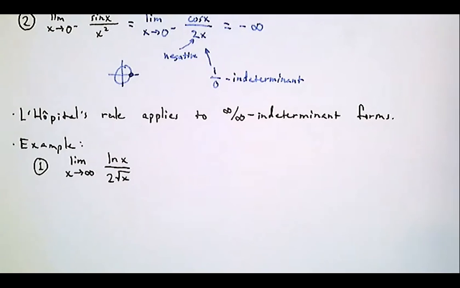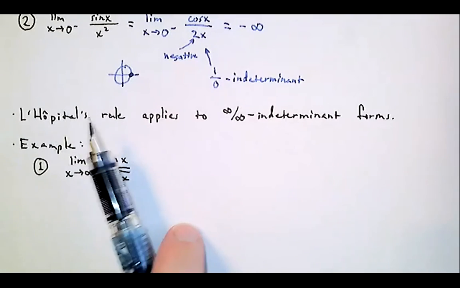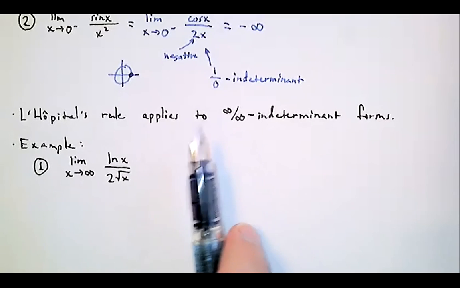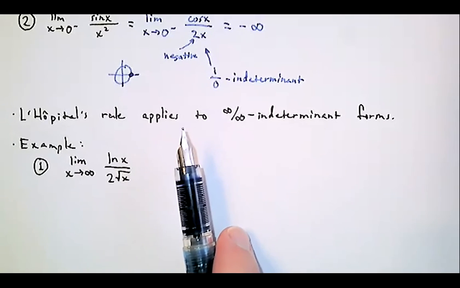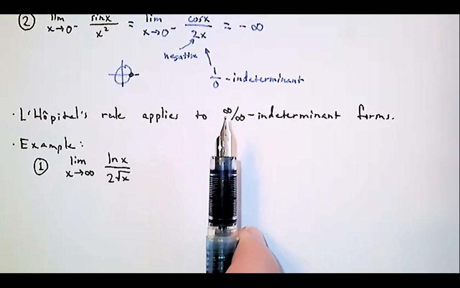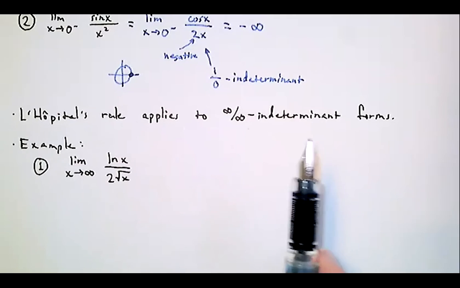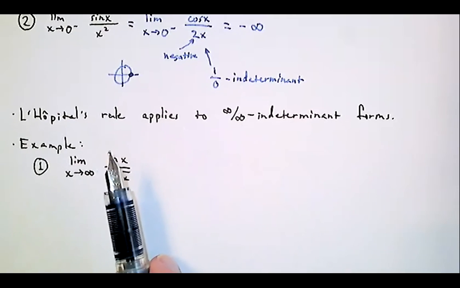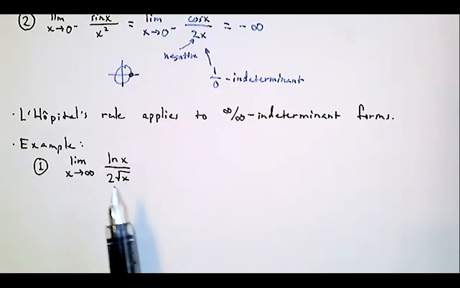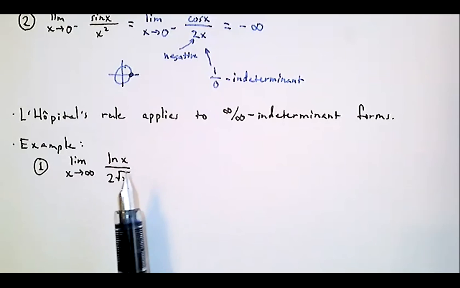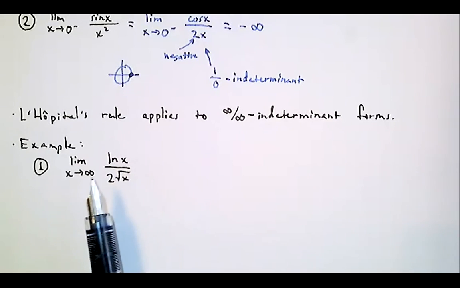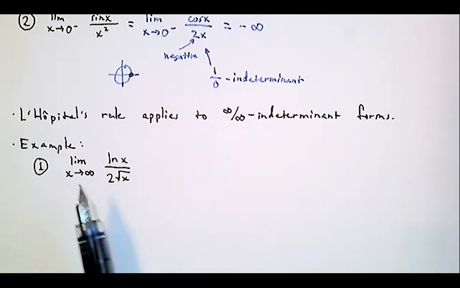Okay, so let's look at some more kinds of limits. L'Hopital's rule applies to 0 over 0 indeterminate forms. It applies to left-hand and right-hand limits, and it's also going to apply to infinity over infinity indeterminate forms, like this one. We know from our experience in the last few sections that the natural log of x just keeps on getting larger and larger as we plug in larger numbers.